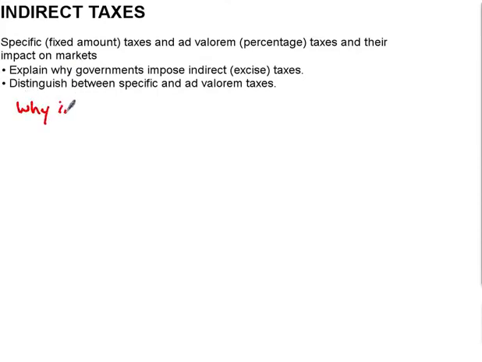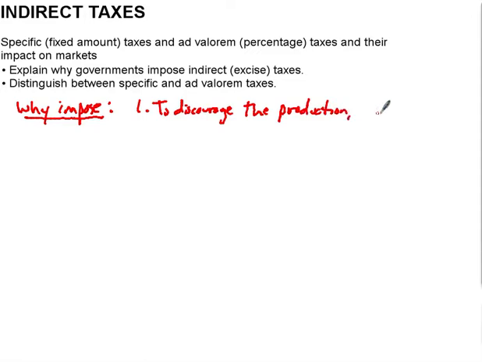Okay, so why impose a per unit tax? There's really two primary reasons to impose the tax. All right, so the first thing that we're going to look at is the idea that we want to discourage the production, consumption, or simply the exchange of the product.